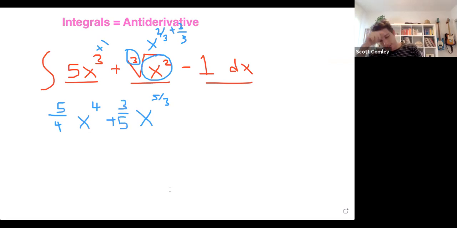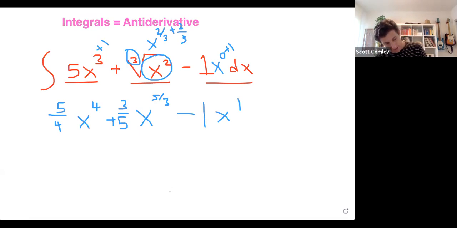Then here's where it's interesting. This is kind of like x to the 0. So it would be x to the 1 if we add 1, and it's 1 over 1. So just 1x to the 1. And the minus sign, does that go away? Well, no, because there's no other minus, so it just stays as minus.